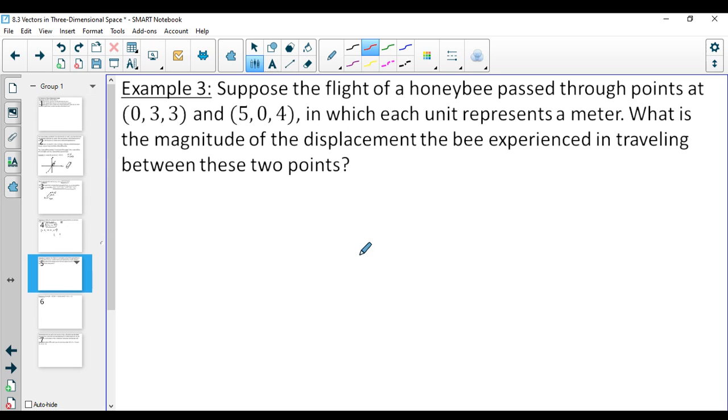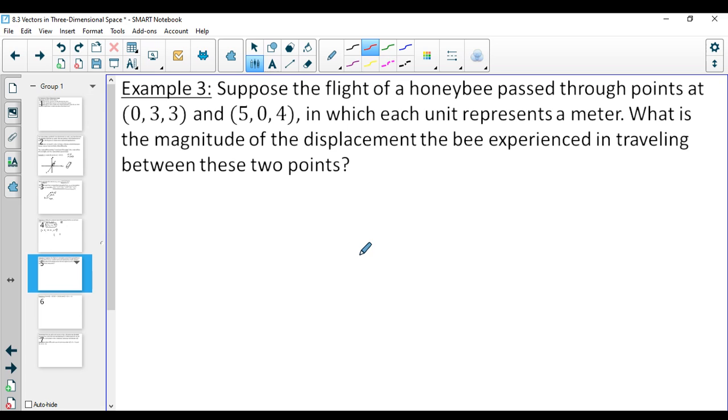But here we are talking about the flight of a honeybee. So let's just do this example, realizing that while you guys aren't going to find the flight of a honeybee probably ever, there's a million other applications that happen when you turn things into 3D vectors, right? Anything flying around, anything moving around in space, which is literally everything, pretty much, right?